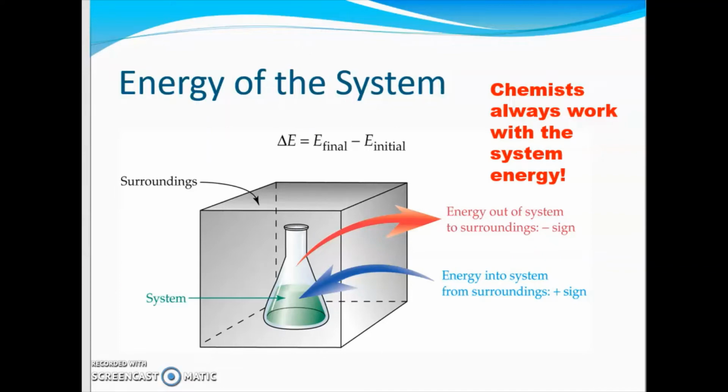So, for example, if we think about the reaction we just did, the sodium hydrogen carbonate molecules and the citric acid molecules were our system. And we saw that there was a temperature change. Well, what we actually measure is what's happening to the many, many, many water molecules that are surrounding the system.